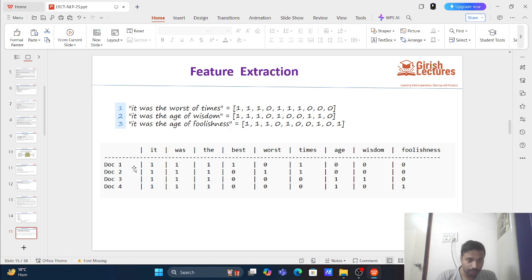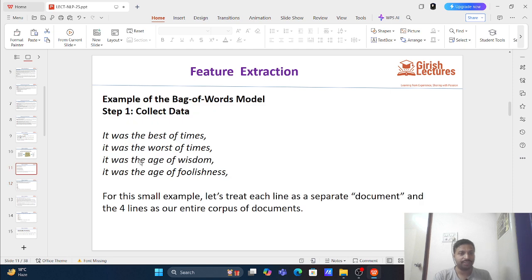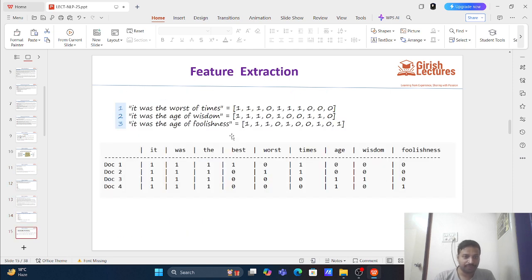So document 1, as we know, is "it was the best of times". "It" is there, so we mark it as 1. "Was" is there, "the" is there, "best" is there, "times" is there, so all those values are marked as 1.